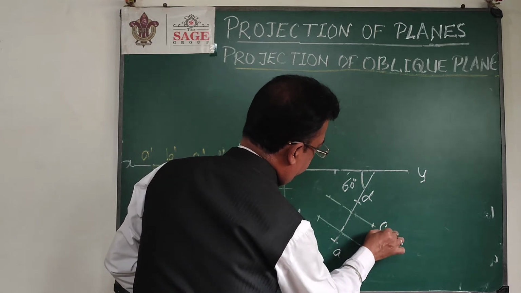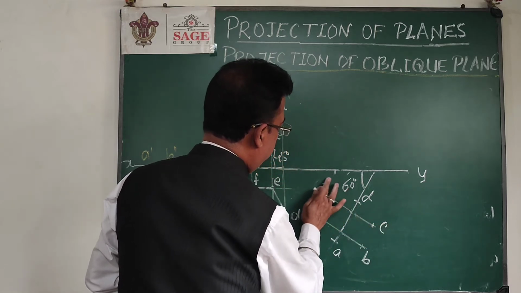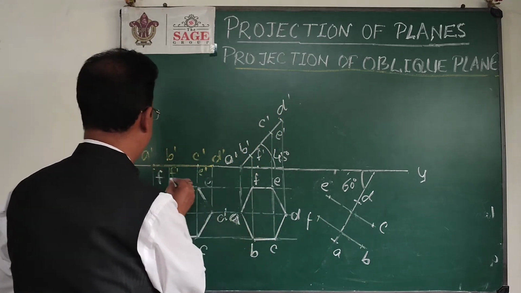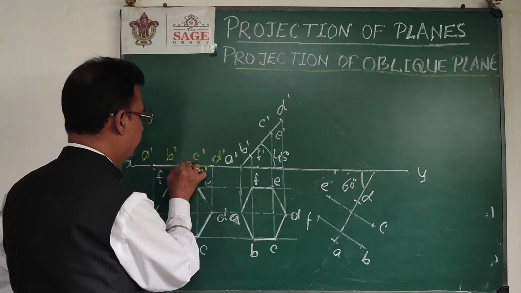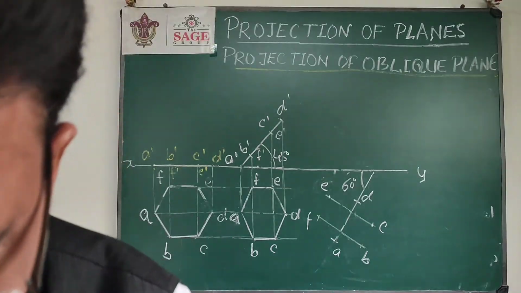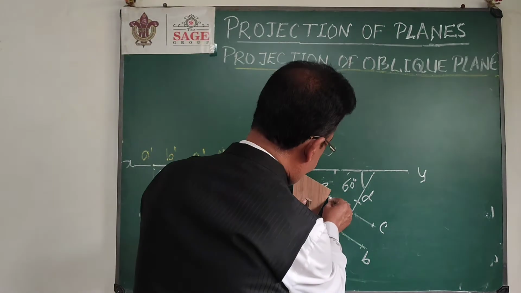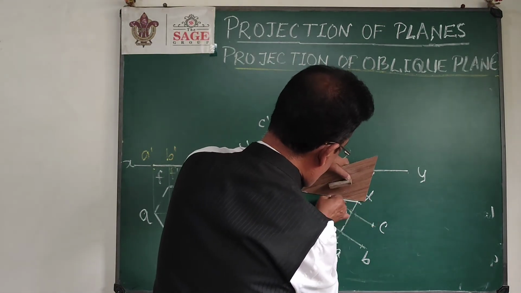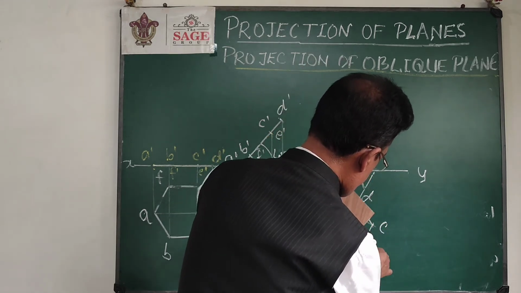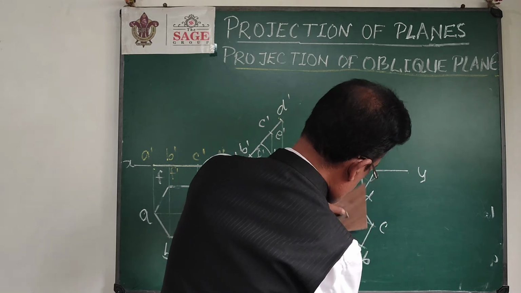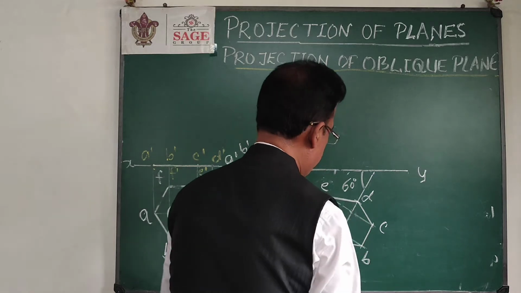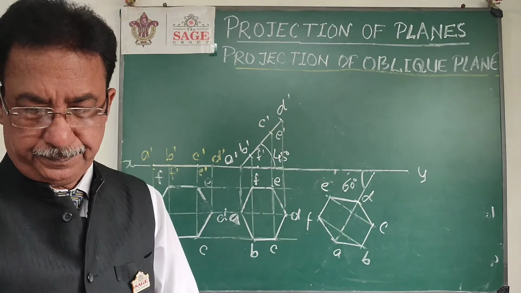Write them in the same sequence: A, B, C, D, E and F. So join these points in the same sequence. So this is the figure.